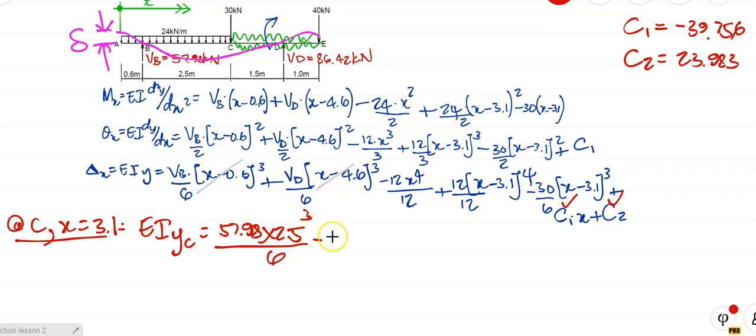That's going to be minus 12 times 3.1 to the power 4 over 12. Okay, and of course that is going to be 1, so I'm already cancelling it out. And that's going to be 0. Okay, and that's also going to be 0, so it's going to be plus C1 times x, which is 3.1.